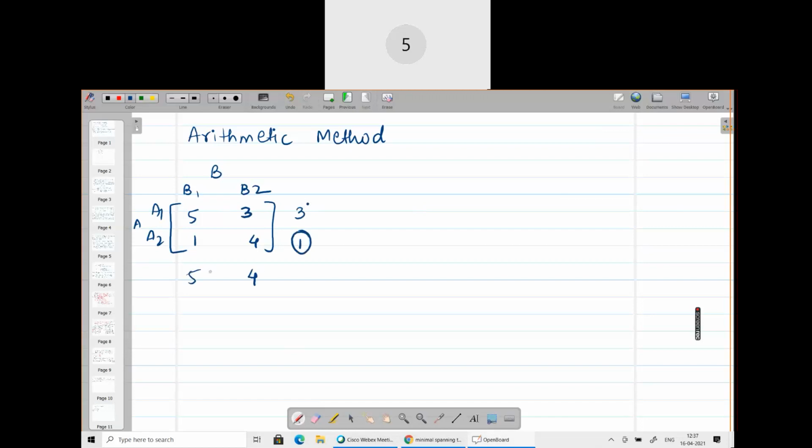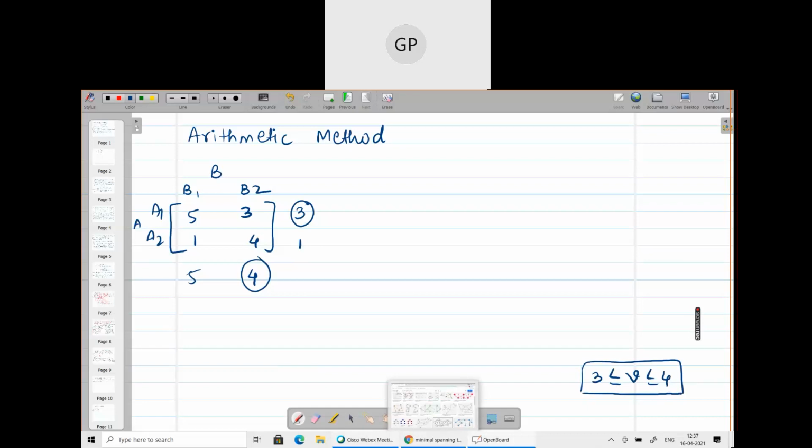Minimum 1. Sorry, not minimum here. I have to choose the maximum, and here I have to choose the minimum. But this maximin and minimax gives us an idea about the value of the game. So the value of the game should be in between 3 and 4. If your value comes outside this, then your answer is wrong. So this gives you an idea about the value of the game.